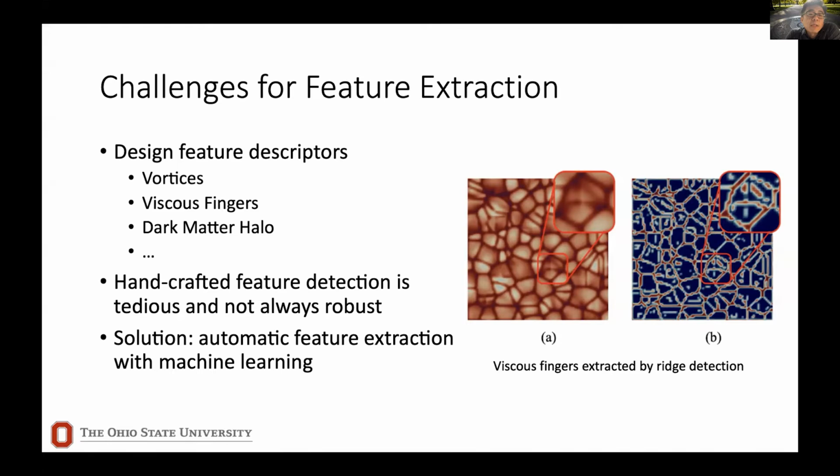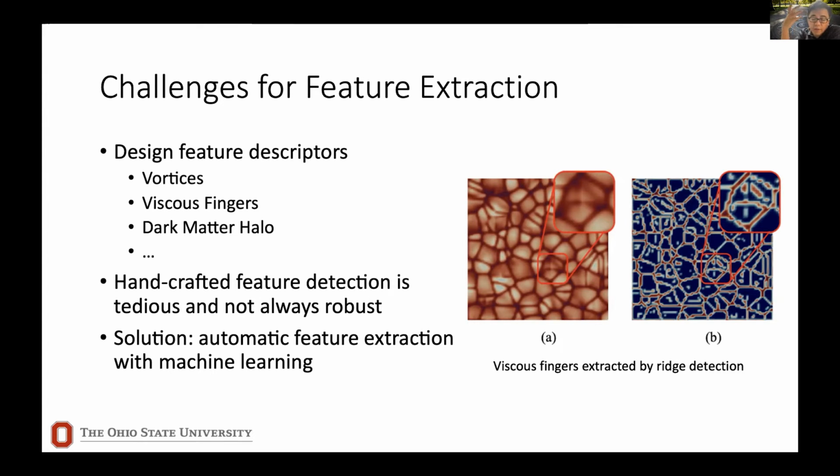Different domain sciences have their own definitions of features, and oftentimes those features do not necessarily have a specific mathematical definition. The scientists will know it's a feature when they see it. However, they might not be able to write down the equation and say, if your data satisfy this equation, it's a feature. This often doesn't exist.